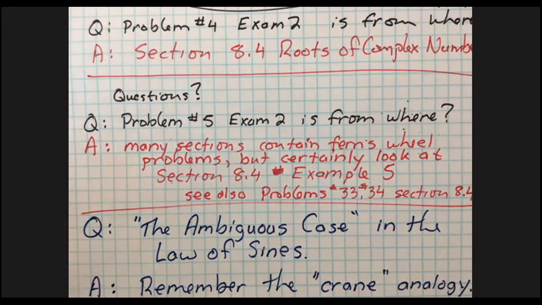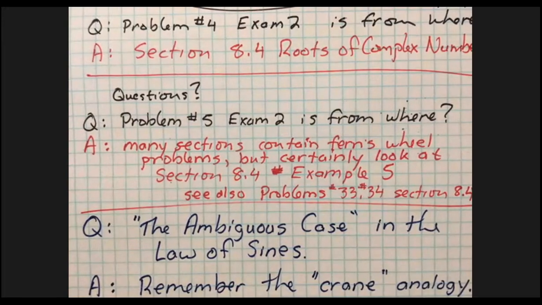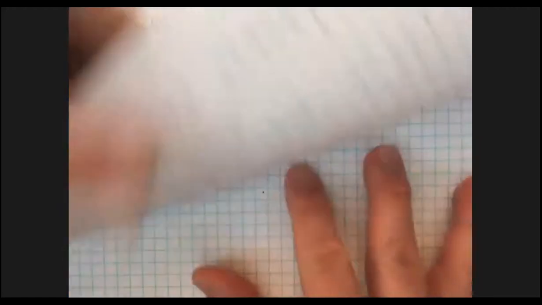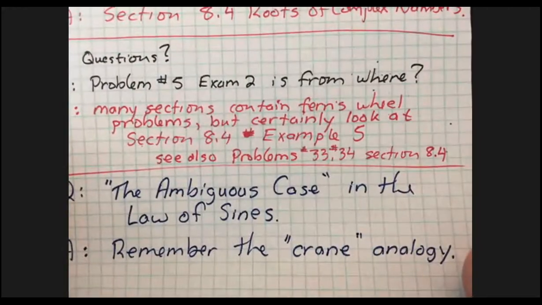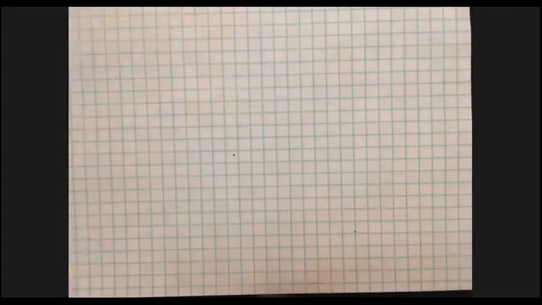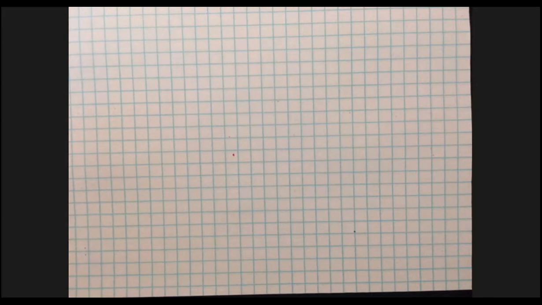to remember the analogy I gave you with a crane. Let's pull out the problem so everybody's on the same page, and then I'll remind you what I meant by that. So remember the crane analogy. I mean a construction crane, not a bird called a crane.